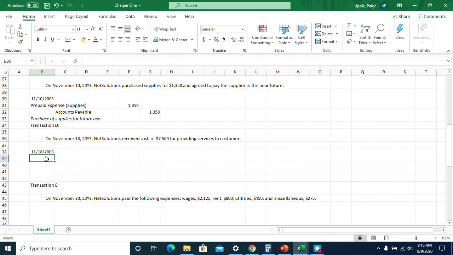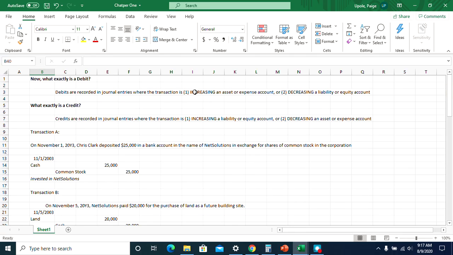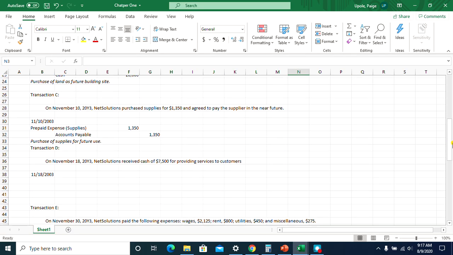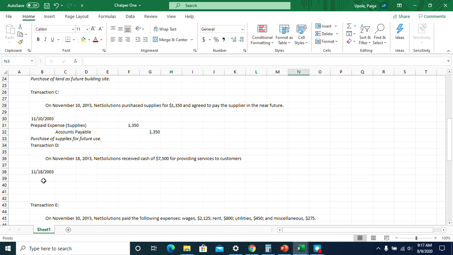We know our debit can either be an increase to an asset or expense account or a decrease to a liability or equity account. If we look at our activity here, we are increasing an asset in the form of cash, so that's our debit, in the form of $7,500. And then what's our credit?